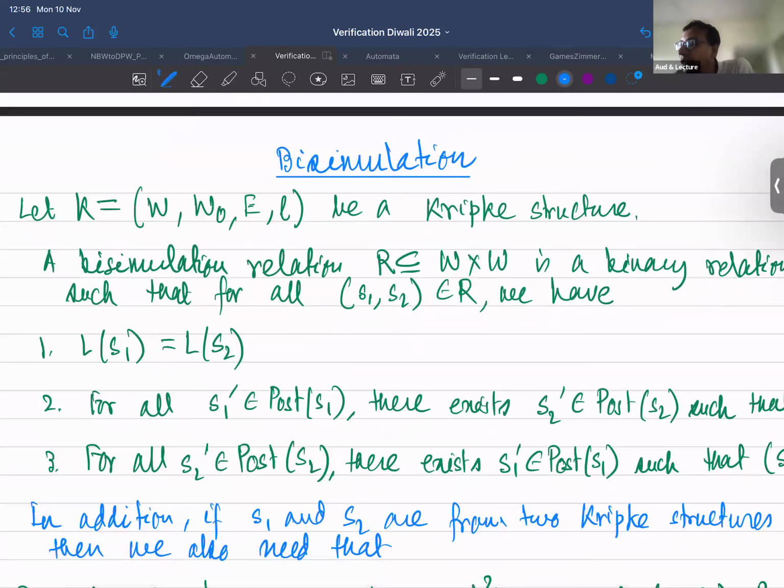Next time we'll start with something called bisimulation, which is about some sort of behavioral equivalence between Kripke structures which satisfy the same set of CTL formulas. We have looked at the notion of trace equivalence, or language equivalence, in different contexts. For example, in automata theory, two automata are equivalent if they accept the same languages, right?